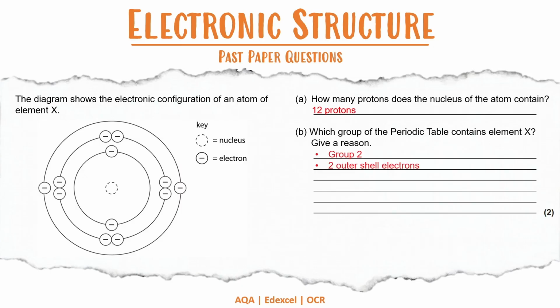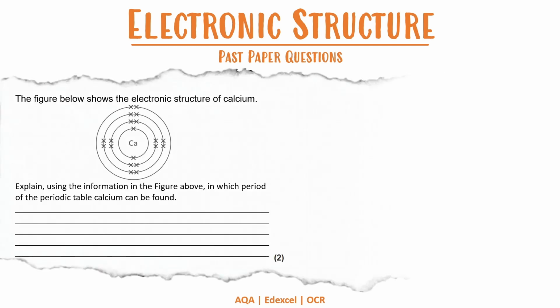Here are the answers. We know it has 12 protons because it has 12 electrons. And the number of protons always equals the number of electrons when looking at atoms. Here's our last question.